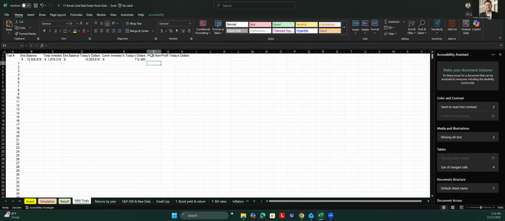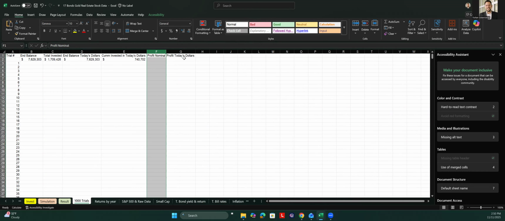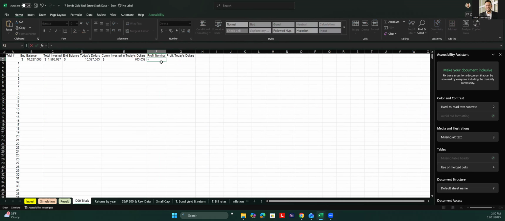Again, a dollar today is more valuable than a dollar 1 year from now. That's why there's a difference between profit nominal versus profit today's dollars. So profit nominal will be nothing more than end balance minus total invested. Again, you can see 5.5 million for this simulation.